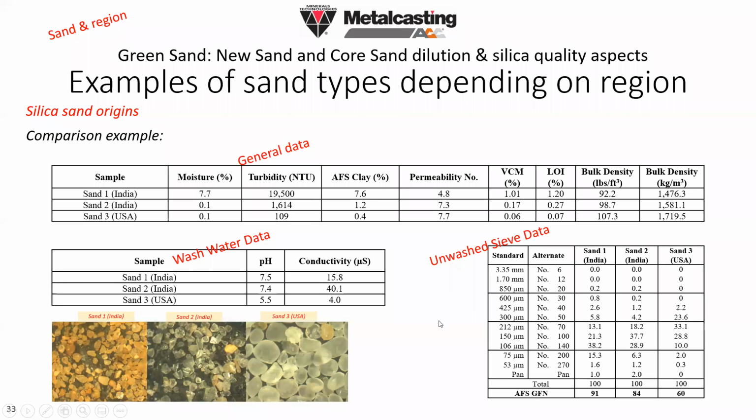You can also see some difference in volatile, loss on ignition, and bulk density, with the highest bulk density for the USA sand, meaning less contaminant in it. Even more interesting to look at is the conductivity.